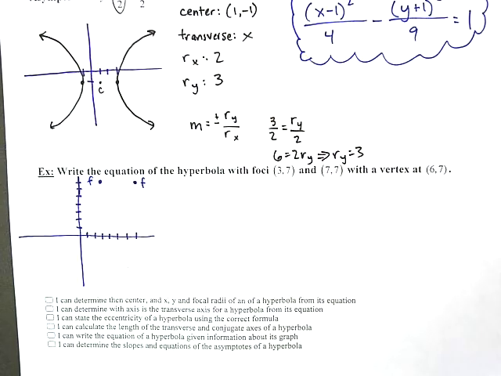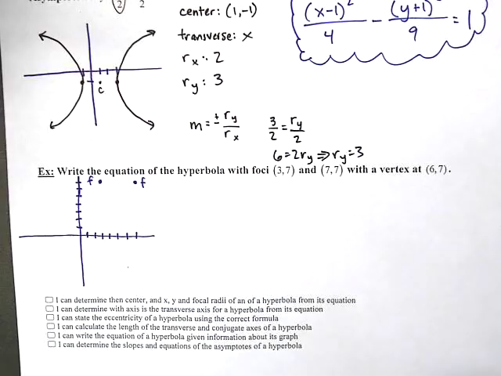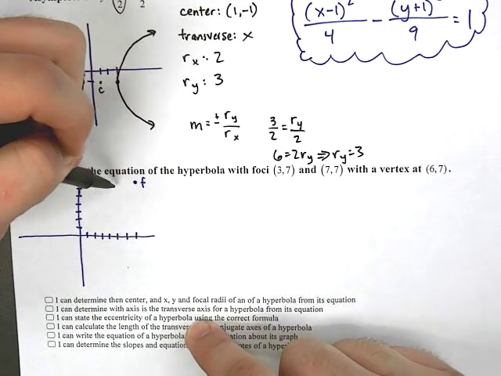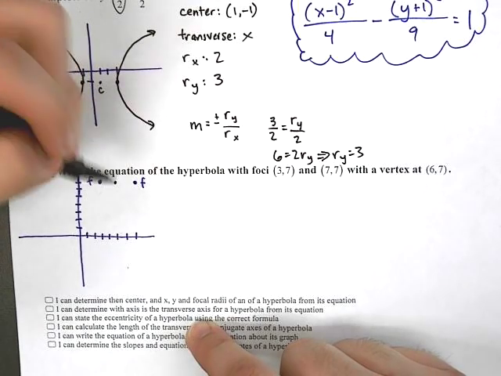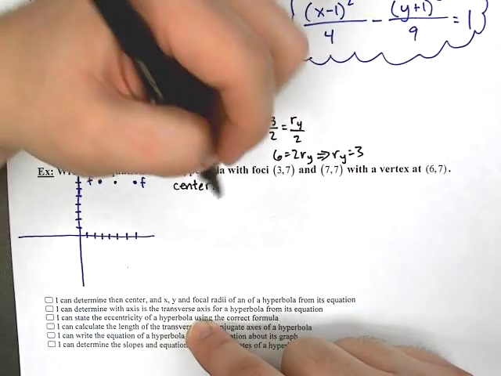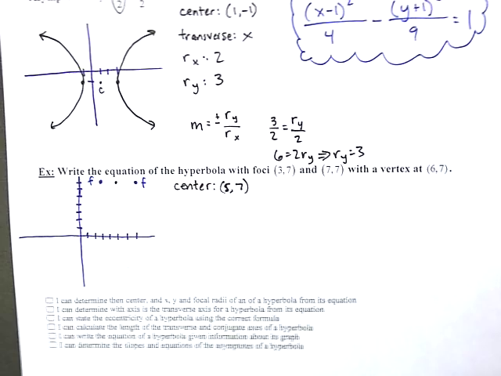All right. Now, we can get the center from that. We know that the center has to be directly between the foci. So if we're at (3, 7) and (7, 7), well then my center is going to be at (5, 7).